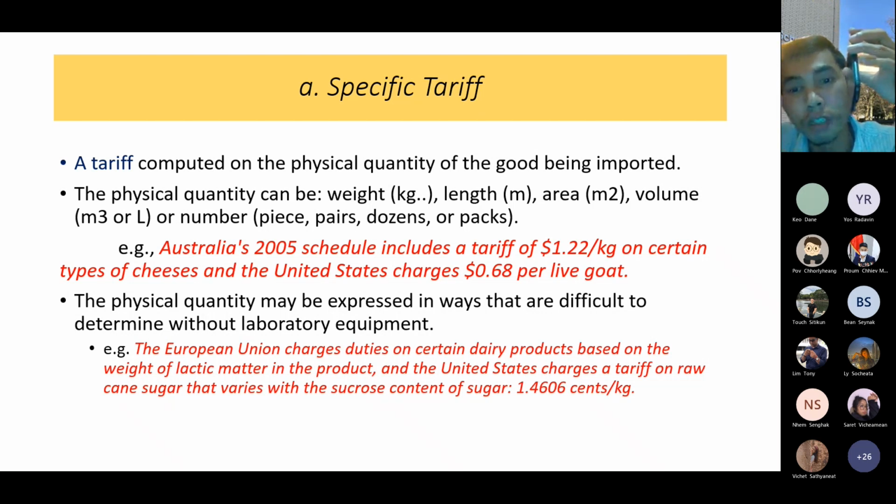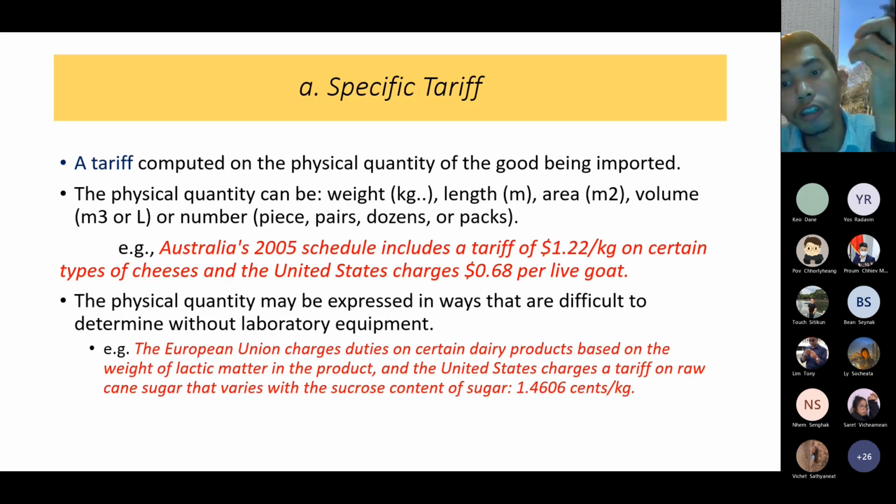If we impose 20% on the iPhone that costs 1,000 US dollars, how much is the actual tariff price? 200 US dollars. We only need to calculate the percentage: 20 divided by 100, and then multiply by 1,000 US dollars, so it equals 200 US dollars.